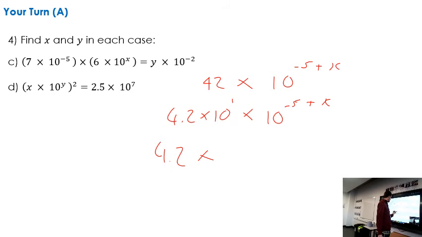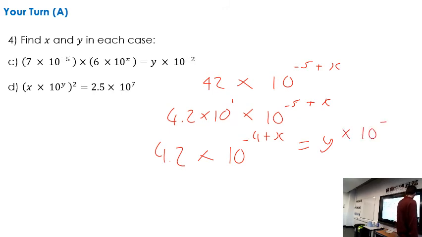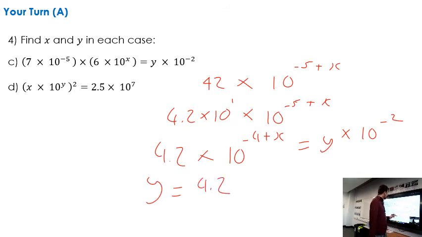So this is going to be 10 raised to negative 4 plus x. Okay. So this is equal to y times 10 raised to negative 2. So my y value is going to equal 4.2. And since negative 4 plus x is equal to negative 2, my x value is going to be 2.